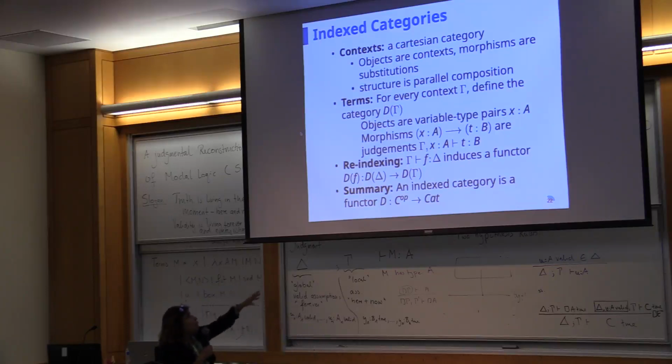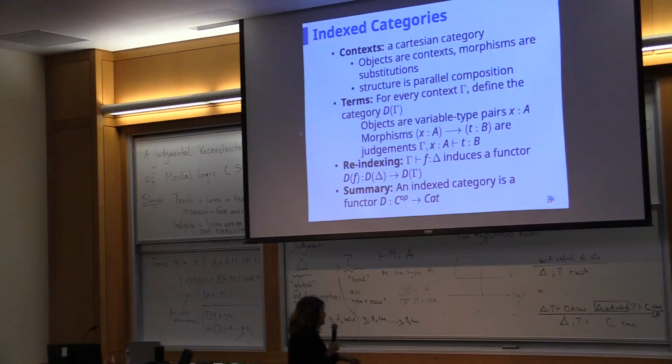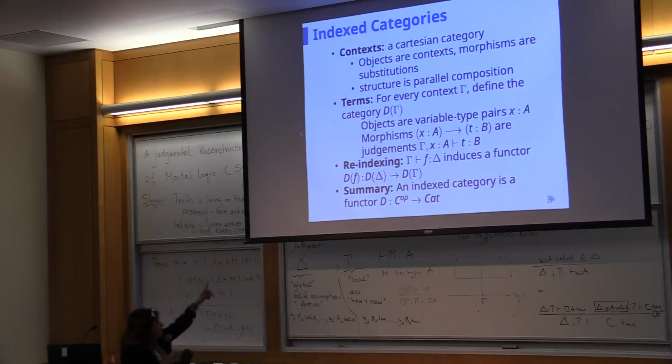The terms for each context gamma down there, you define a category, as I was saying, D of gamma, because the D is kind of taking the rectangle to the line.